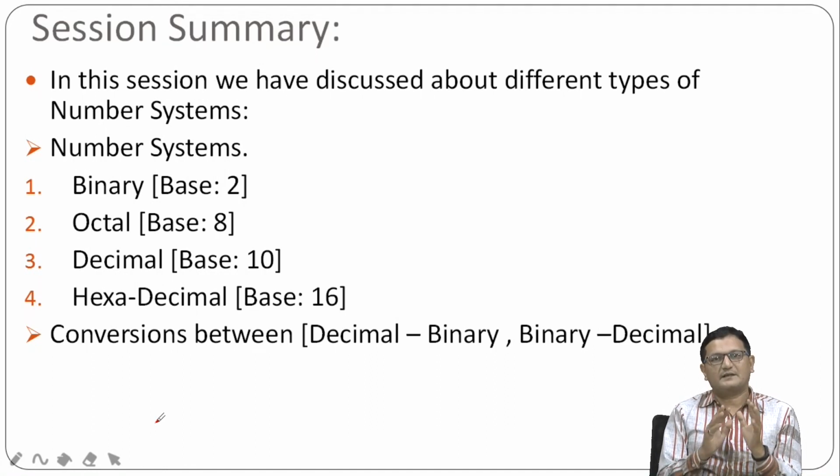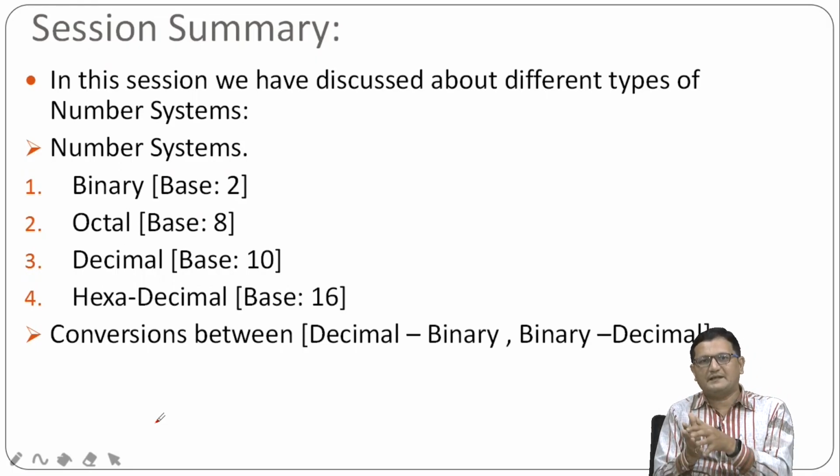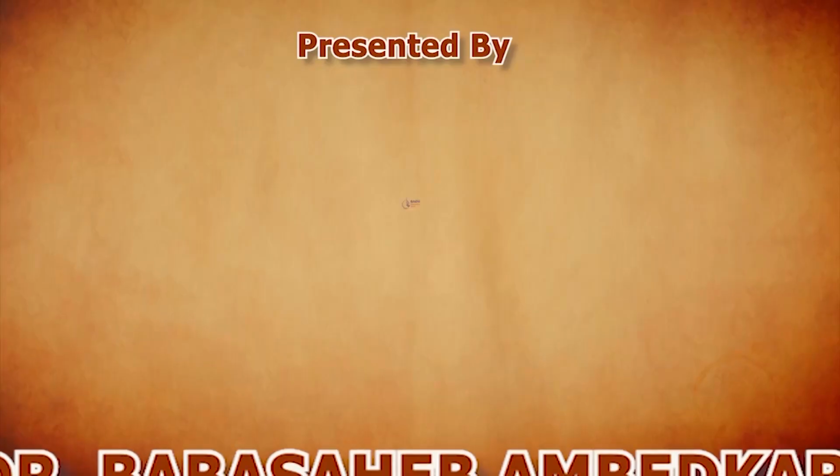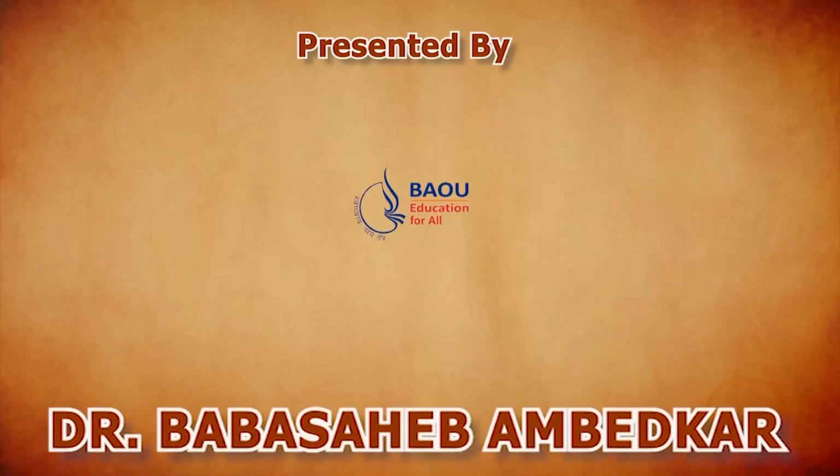We discussed the base and the symbols used in each system. And we have learned how to convert a decimal number to binary as well as binary to decimal. In today's session, we are keeping our discussion up to here. In the next session, we will see a few more numbering systems and their conversions.